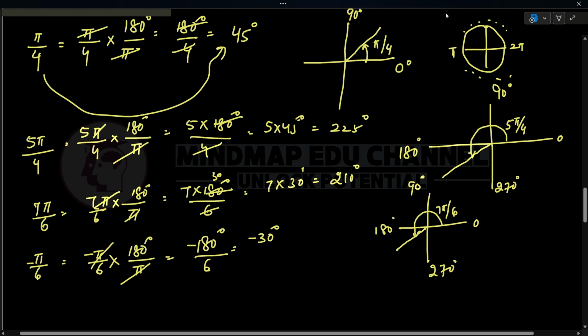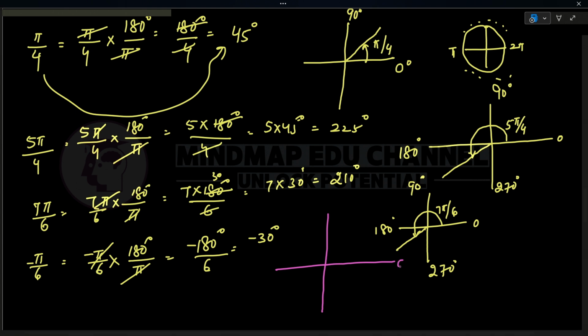Now pay attention here. Let's plot it here. Let me change the color. So let's see this. It's 0 degrees. Now you see, −90 will come here, and here it will be −180 degrees, and here it will be −270 degrees.